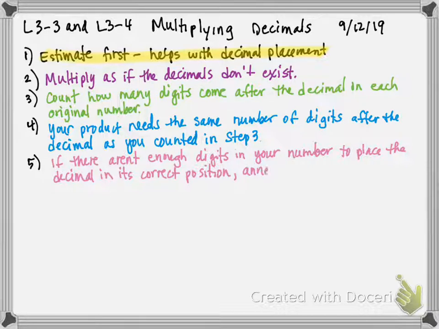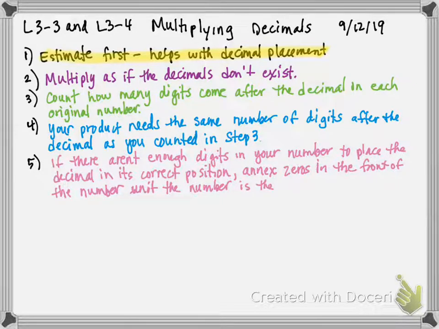Remember we talked about that word? That means to add. But here's the funny part. We're going to annex zeros in the front of the number until the number is the length it needs to be. That length is determined by how many digits need to come after the decimal point.